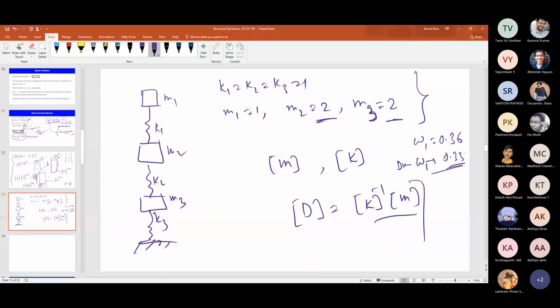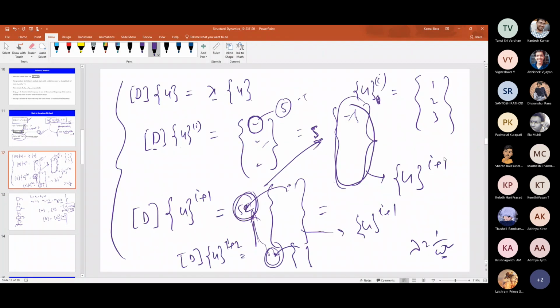The exact value is I think 0.366 radian per second or something like that, so you can check quickly. If you have any difficulty, please ask me. The procedure you understood, right? It is very simple.